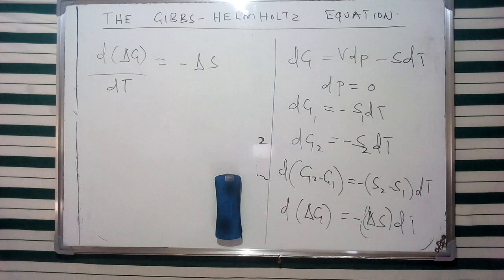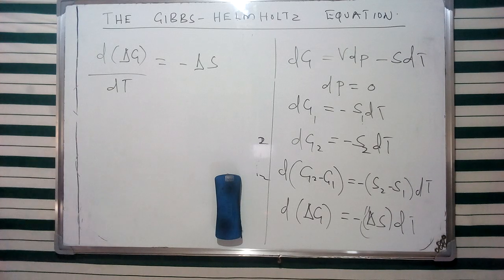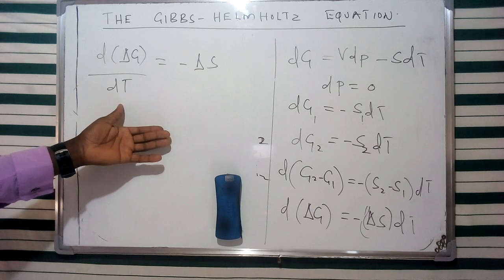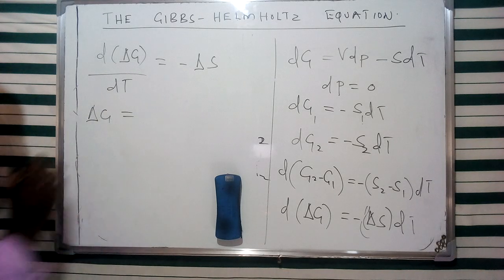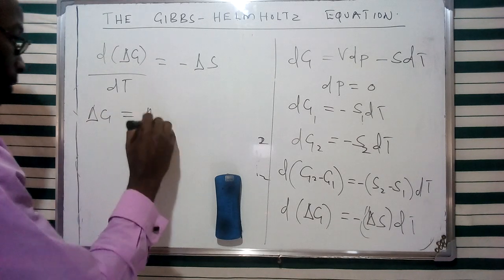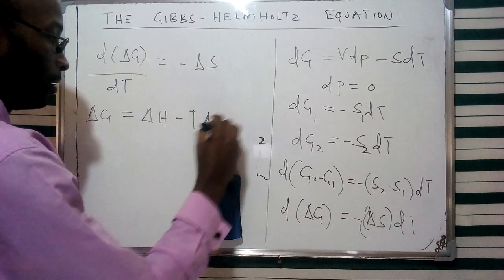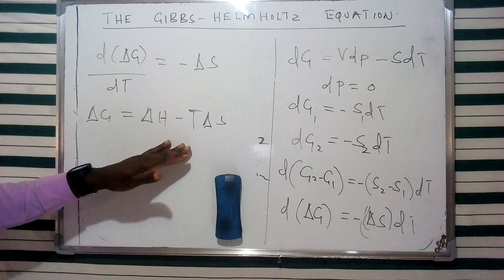Now we had looked at our first equation from this specific case under constant temperature, and it had given us the general equation, which we said was delta G, the change in enthalpy, minus T delta S. So this was our discussion on free energy and the equilibrium.